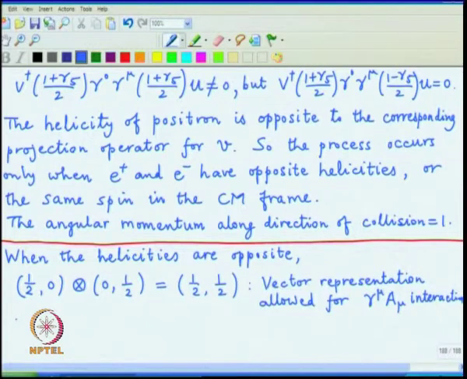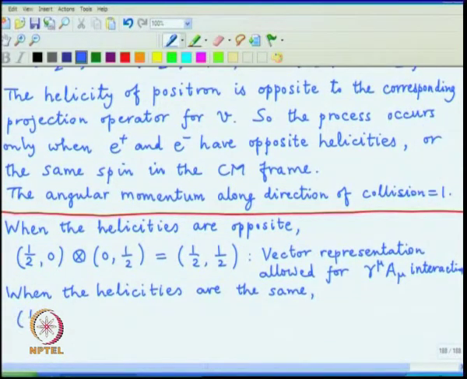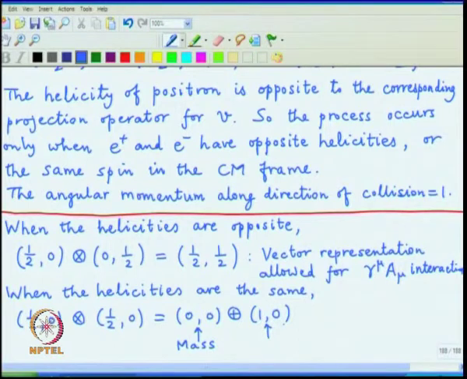On the other hand, when the helicities are the same, one will have the tensor product which is a combination of two spin half producing 0 and 1, and this (0, 0) is a representation for a scalar, which is a mass term, and this (1, 0) is a representation for F mu nu.